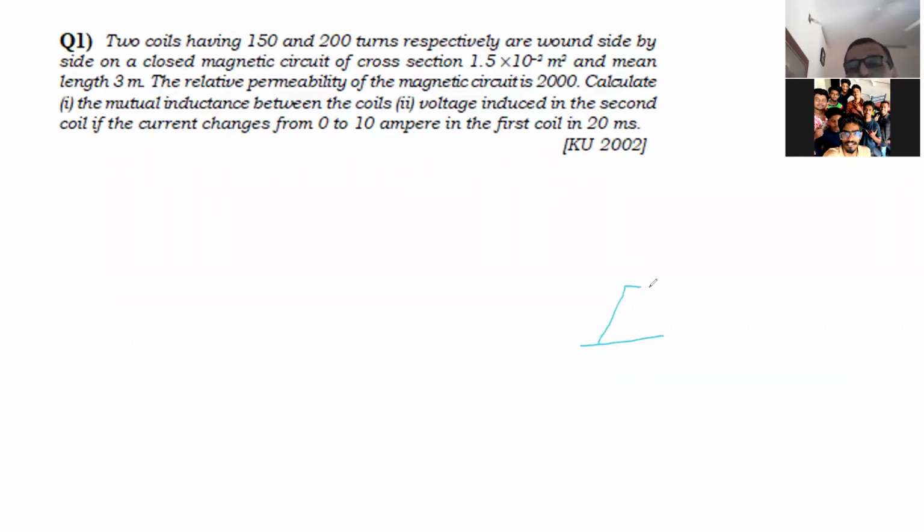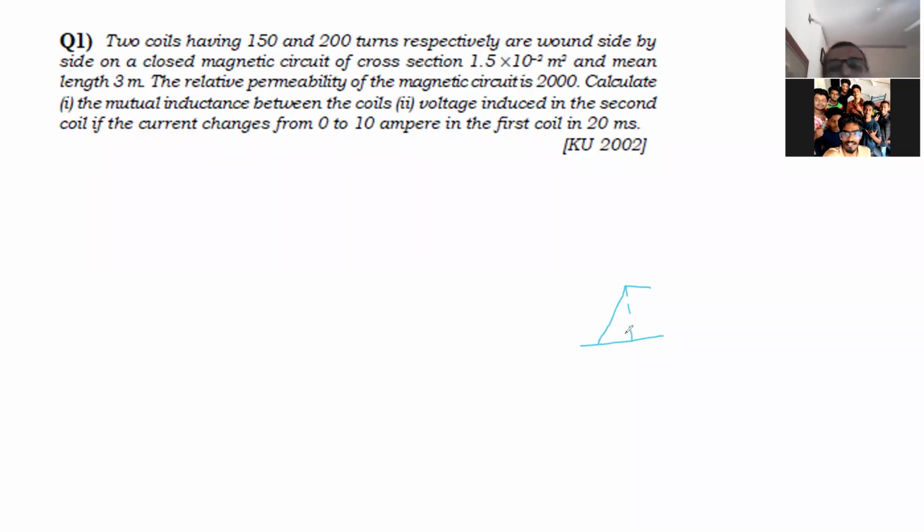In 20 millisecond, the current becomes, this is 0 ampere, this is 10 ampere. Within 20 millisecond, the current changes from 0 to 10 amperes.